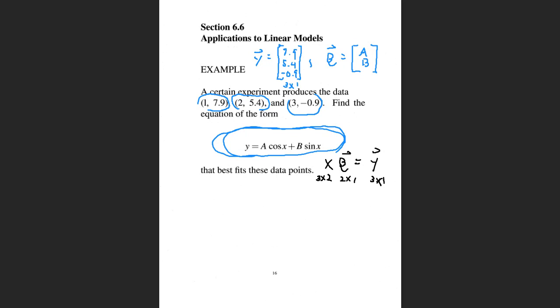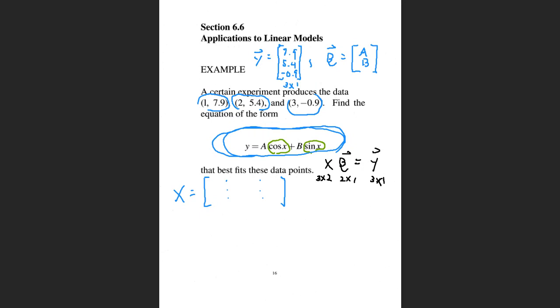Well, what is the design matrix? The data that you're feeding in, the X values, you're altering them by having the cosine of X and the sine of X. So the data matrix X is 3 by 2.